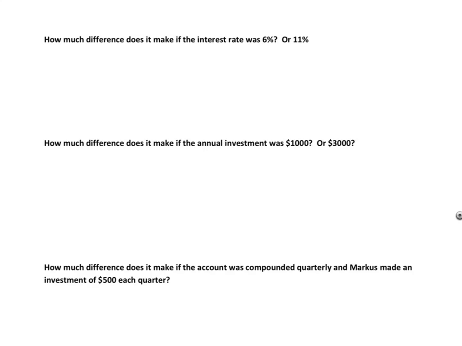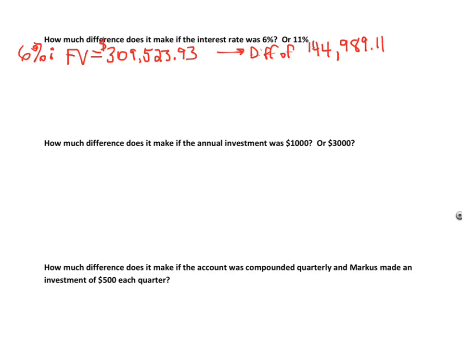Now, the next question that I asked was how much difference would it make if instead of 7.5% we had 6%, or if we had 11% interest rate. So all you got to do is change that in the future value. If we plug in 0.06 instead of 0.075, notice the result turns out to be $309,523.93, or a difference of, from the 454 above, $144,989.11 less when we lost 1.5 in percentage rate.